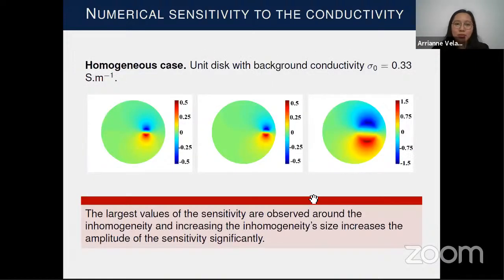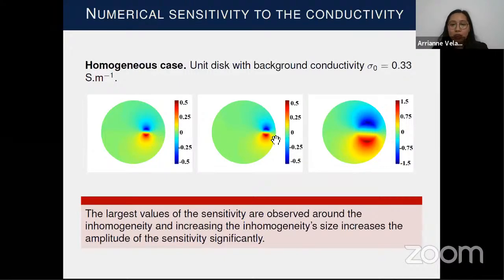Okay, so for the homogeneous case, we consider three cases of perturbation. We have a perturbation near the center, this one is near the boundary, and this one has a larger size of perturbation. Again, we observe higher sensitivity values around the perturbation.